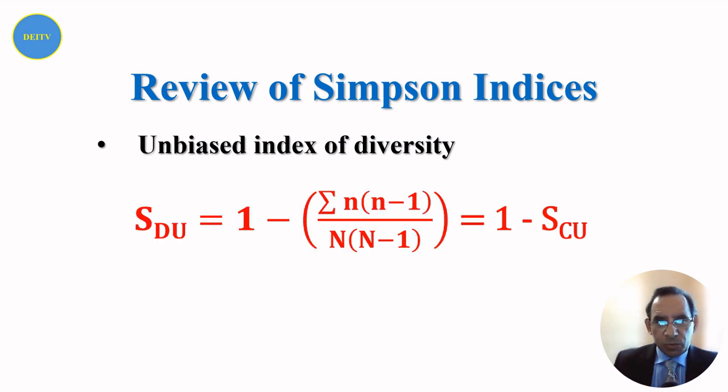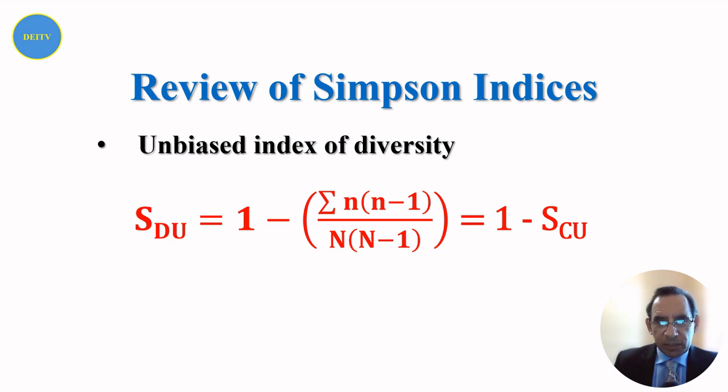Also, as stated in episode 1, we have the unbiased Simpson index, and that is represented as follows: 1 minus the sum of the frequencies times the frequencies minus 1, divided by capital N, which is the total number of individuals in the organization, times the total number of individuals in the organization minus 1.